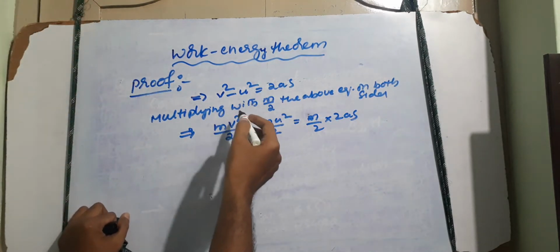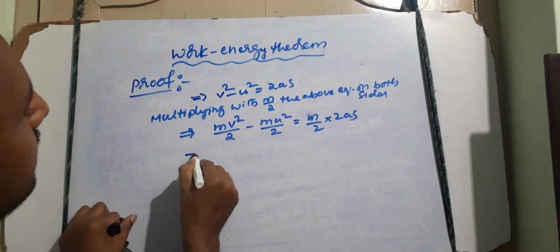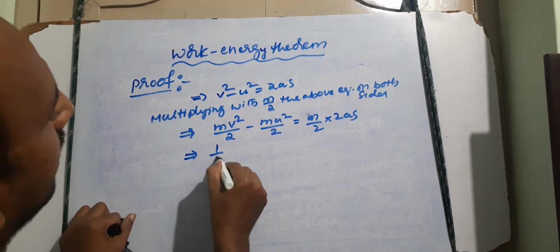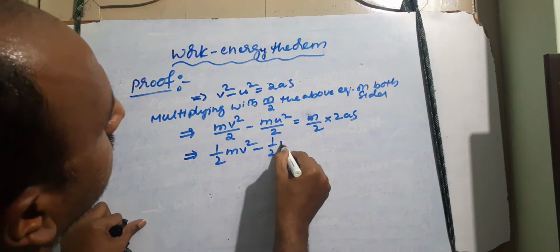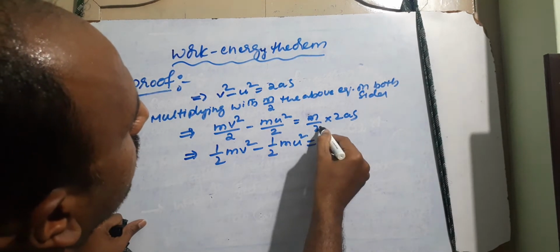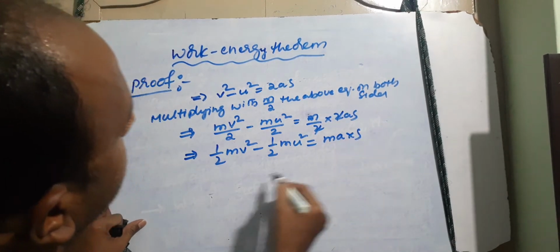So this equation is multiplied with m by 2 on both sides. It can be written as half m v square minus half m u square, and the 2 gets cancelled. It can be written as ma into s.